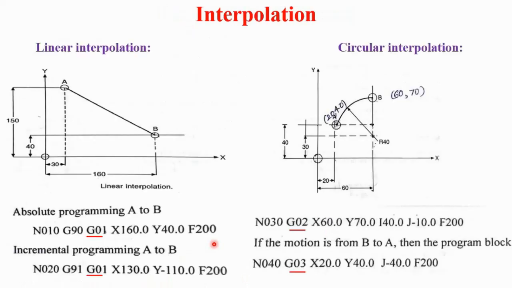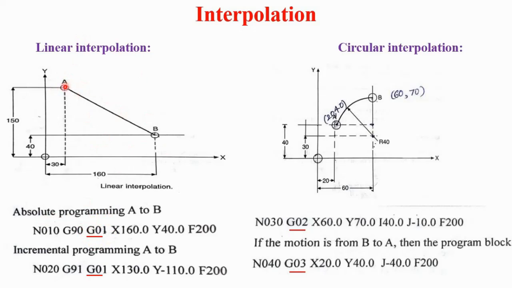Then interpolation. There are two types, two methods: one is linear interpolation and the second is circular interpolation. In linear interpolation, the tool moves in a linear direction only. In circular interpolation, the tool moves along a circular path, in the circular direction. Now we can see that in CNC programming, G01 is used to represent linear interpolation.